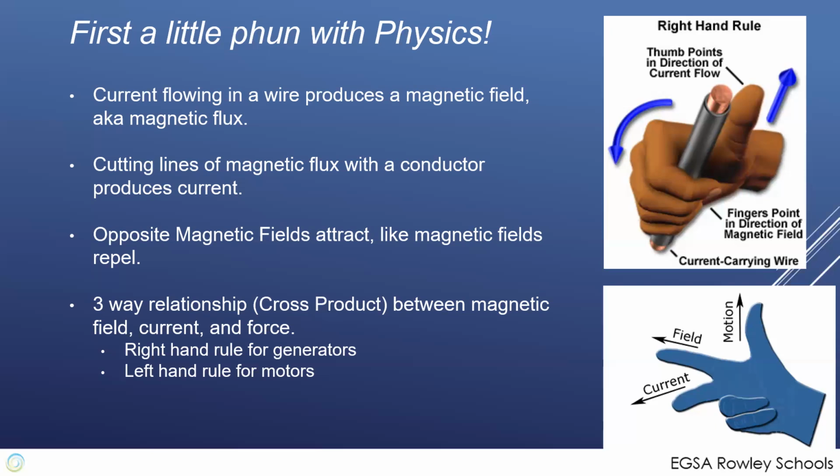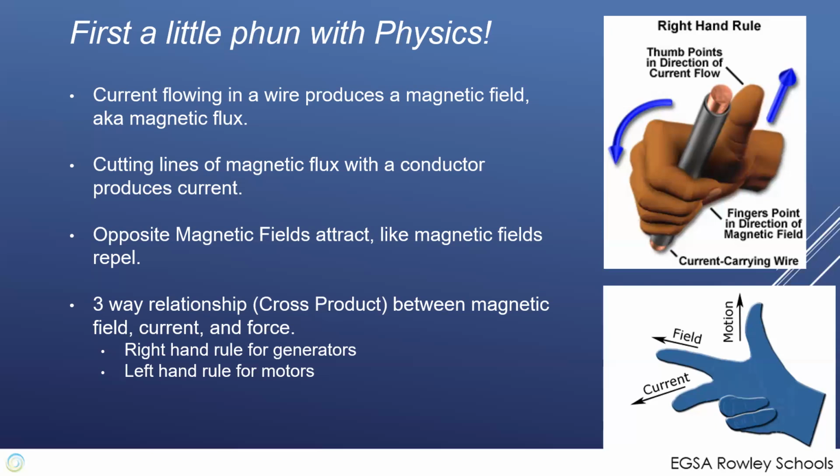If you were trained in electron flow, please work with us on the conventional current flow model, because it's much more commonly used today. So we have current flow in a conductor, with a magnetic field around it by the right-hand rule. As we know, opposites attract; we put north to south, and they push each other apart. There's a three-way relationship, called the cross product in physics, between current, field, and force. And there's a right-hand rule for generators.